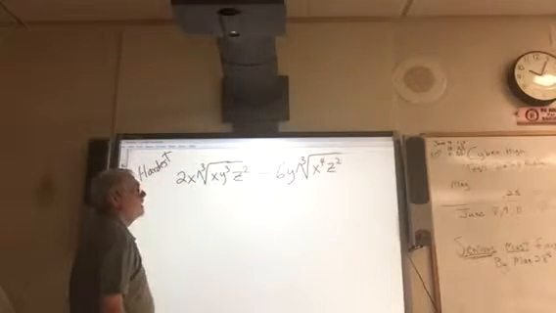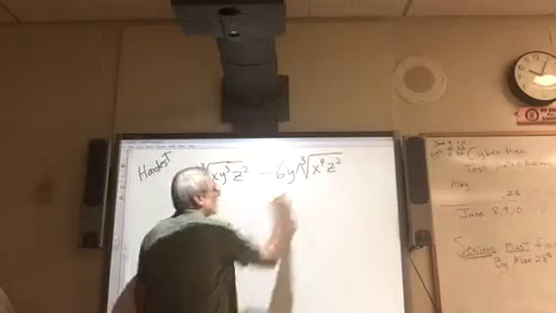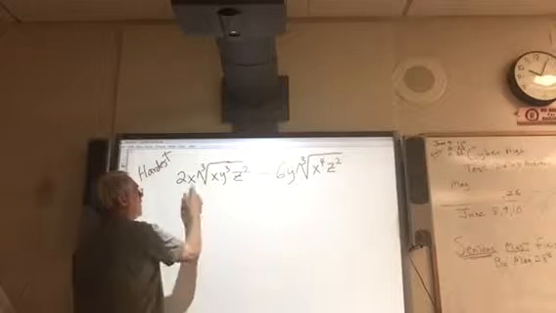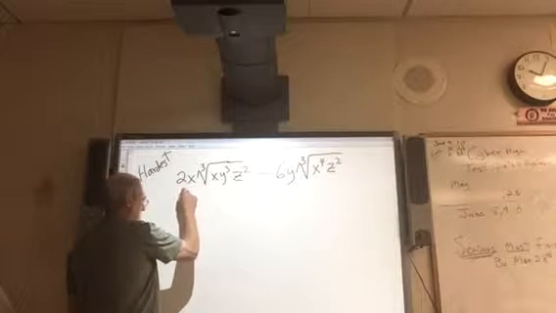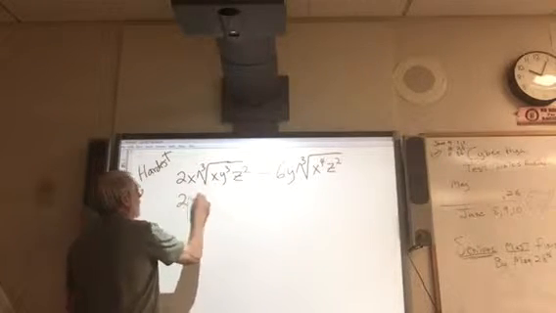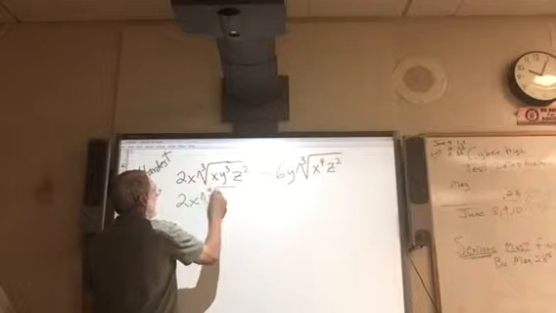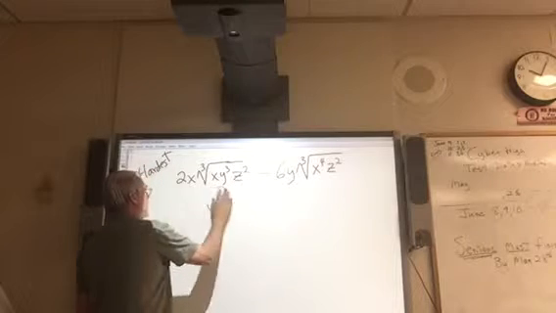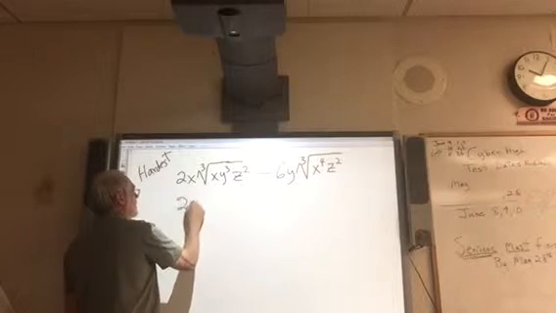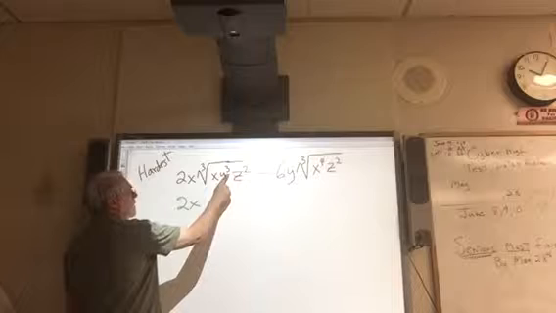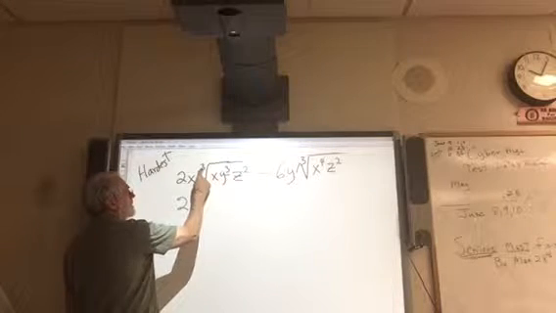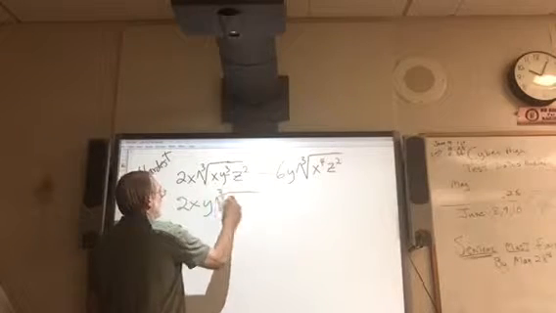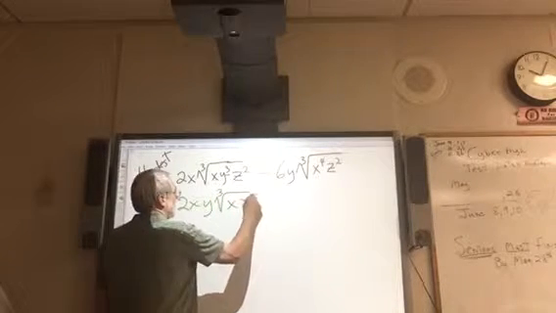So anyway, what's going on? Don't have the same radicals, do we? They're both the third root, so that's good. The index is 3. So what we're going to do here is first change this up a little bit. We're going to skip right down to it. 2x, the y cubed matches this cube, so y comes out, and that leaves the cube root of xz squared.